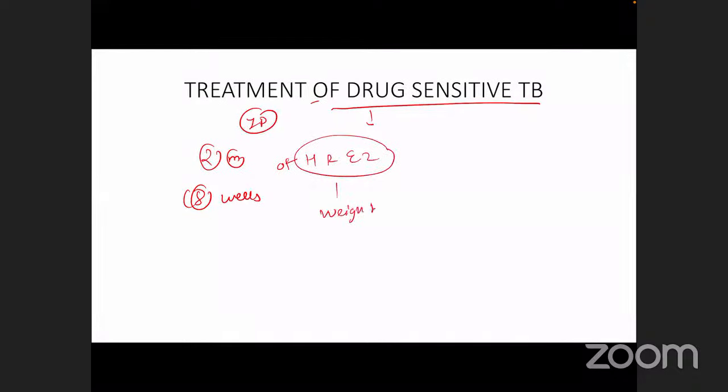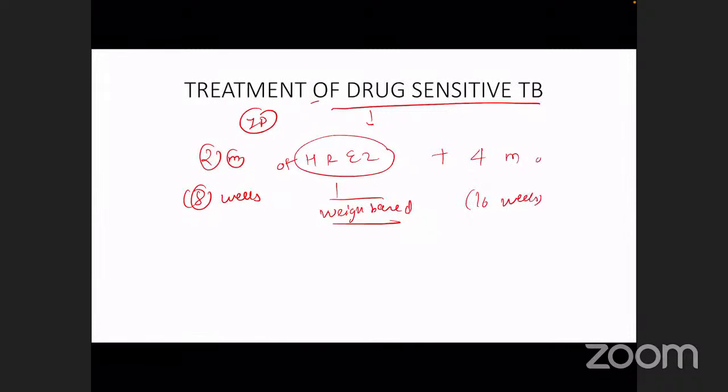It has to be weight based. And you have 4 months, or better 16 weeks, of HRE. Only Z is removed. Earlier it used to be HR. Just remember this simple thing: 8 weeks of HREZ and 16 weeks of HRE.